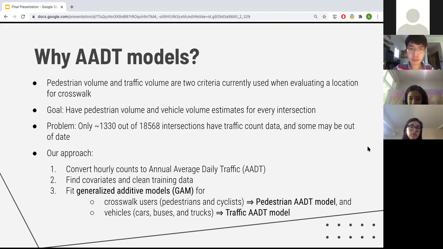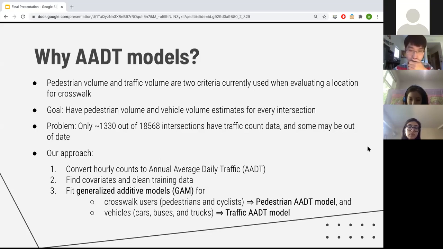Once that's ready, and once a few spatial and temporal outliers are removed, we can fit generalized additive models, or GAM for short, which allows us to capture spatial correlation as well as spatial-temporal correlation if there's any.